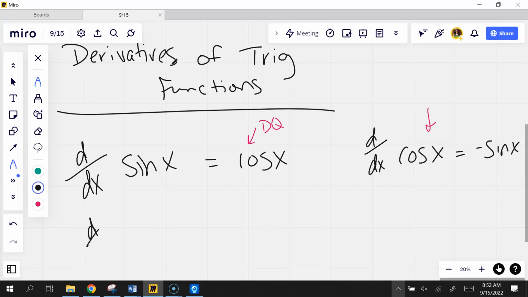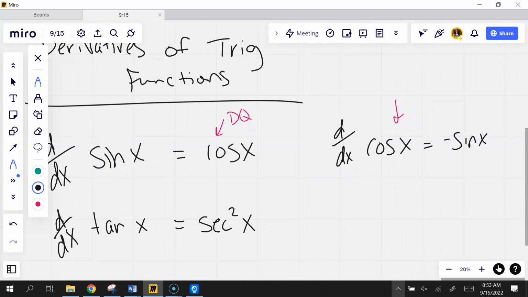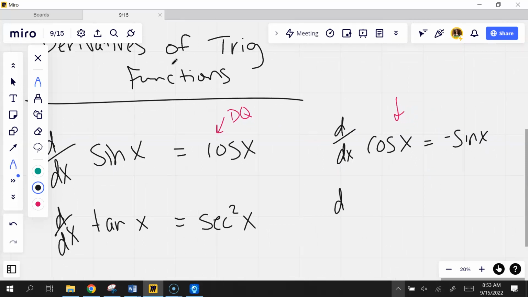The derivative of tangent x is secant squared x. What does secant mean? 1 over cosine. That's exactly right. These are the ones that you'll really secant squared x.